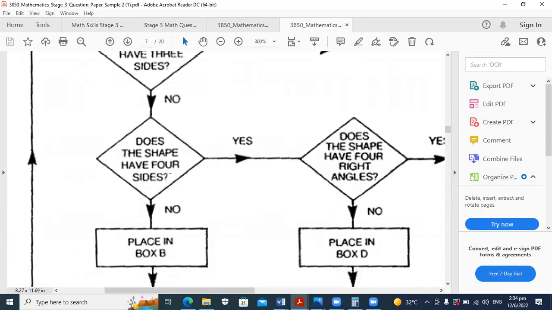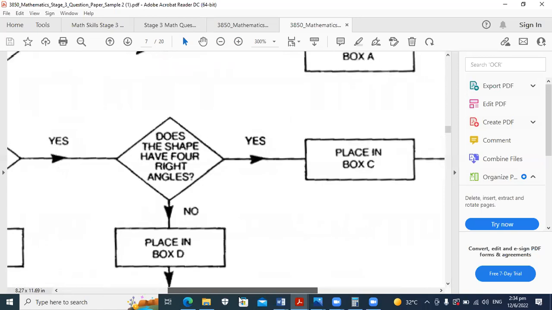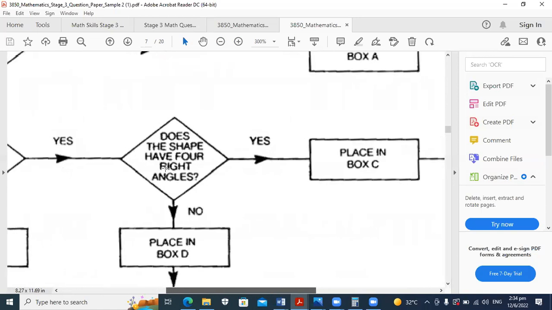But what if it has 4? Let's just examine. What if the shape does actually have 4 sides? So we go to the right. Then we ask our next question. Does the shape have 4 right angles? Now remember, there are 2 types of quadrilaterals, regular and irregular.